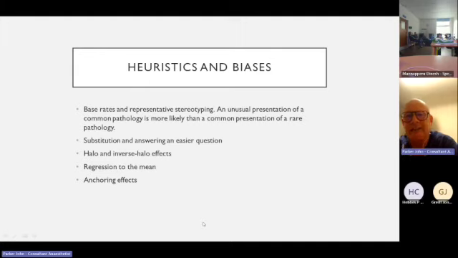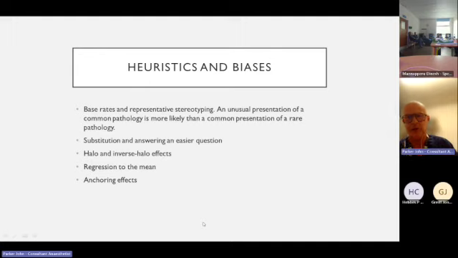And obviously that's a different question, and our brains will naturally try to simplify complex situations into simple questions that we can easily answer. That's the natural thing.